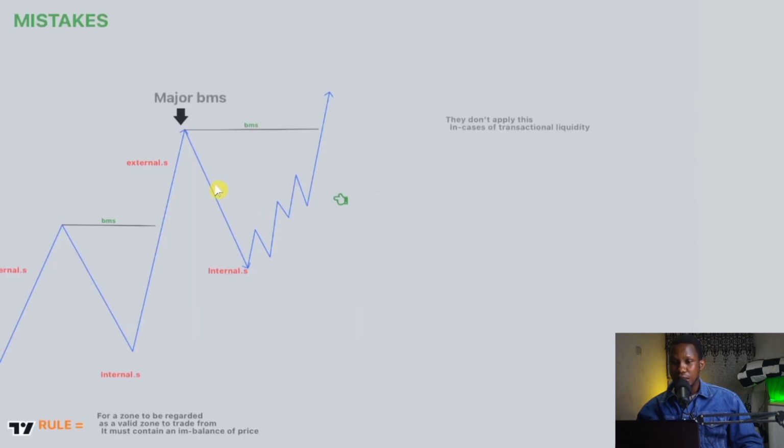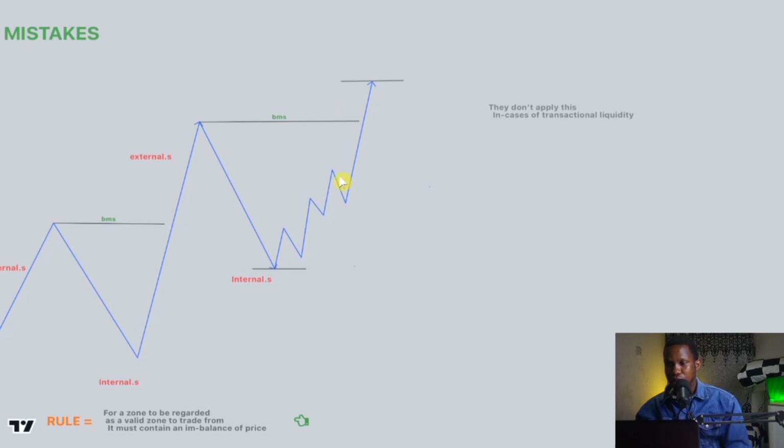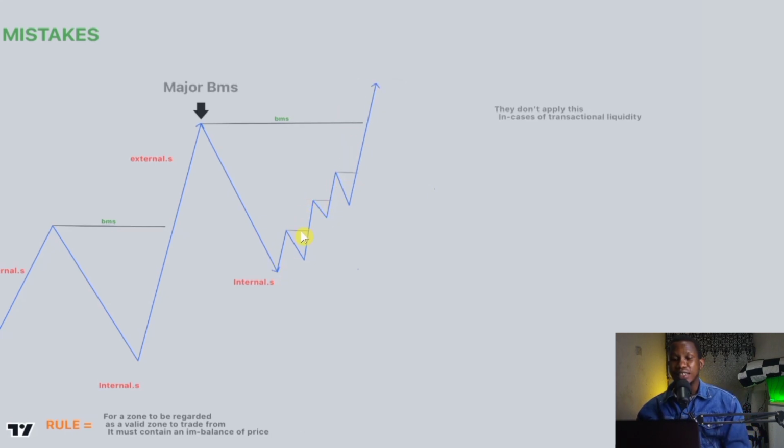So this here is a major break of market structure. These you're seeing here are transactional liquidities. There are transactions going on before the market advances to the upside. So this movement from here to here is our transactional liquidity, and we can see that we also have a mini micro break of market structure going on here.